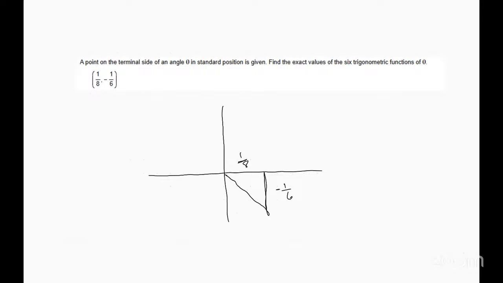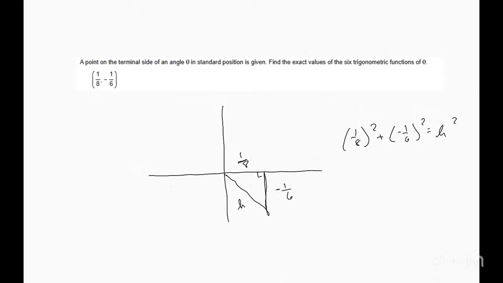So I feel like we did this once before, didn't we? Where we have to try to solve this equation. 1/8 squared plus -1/6 squared equals H squared. And didn't we talk about how there might be a trick for doing this? I feel like we talked about that. Yeah.